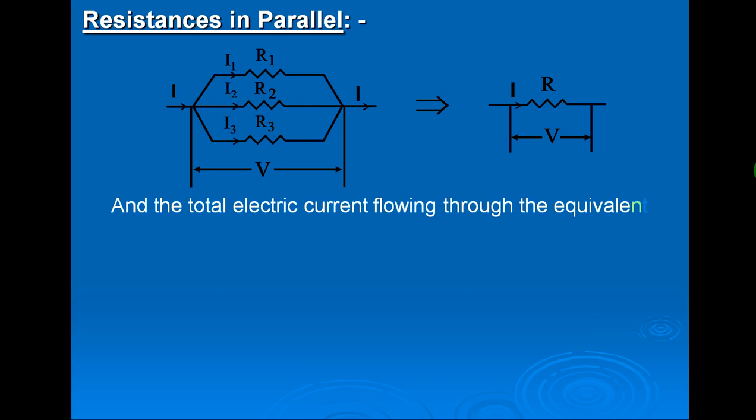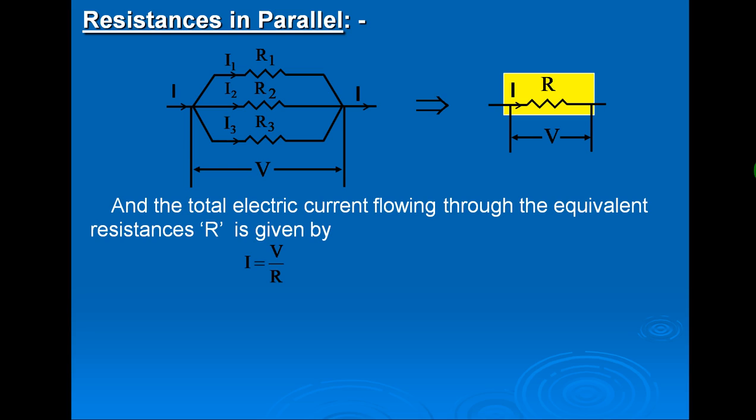The total electric current flowing through the equivalent resistance R is given by I is equal to V upon capital R.